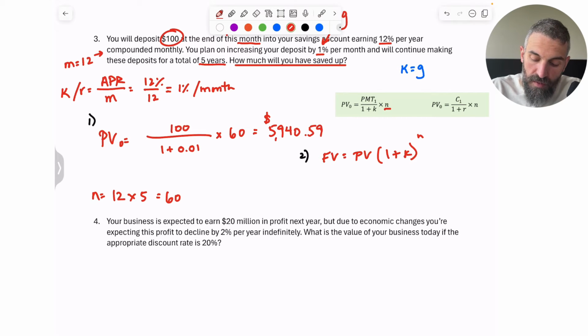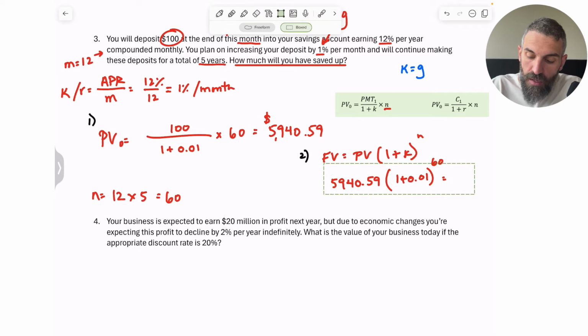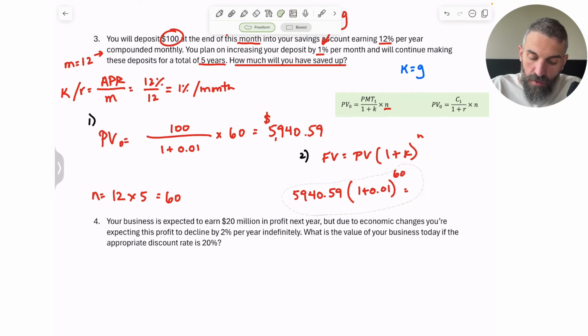Okay, so you're going to take that present value, 1 plus your rate of, in this case, 1%, n is 60, and you're going to find the future value, because all the future value is, and we talked about this in lesson 1, is the future value of the present value. So if you know the present value of something, you can always find its future value by using your basic formula.